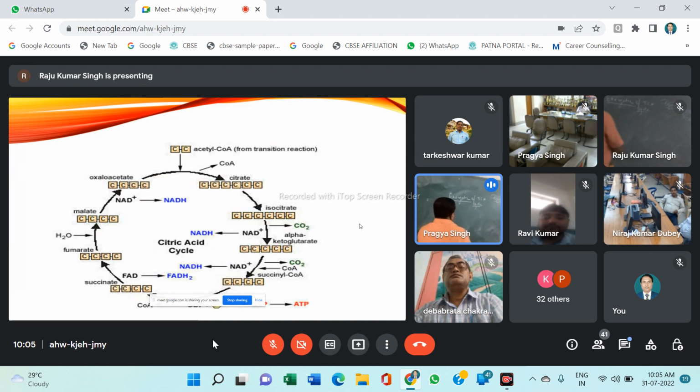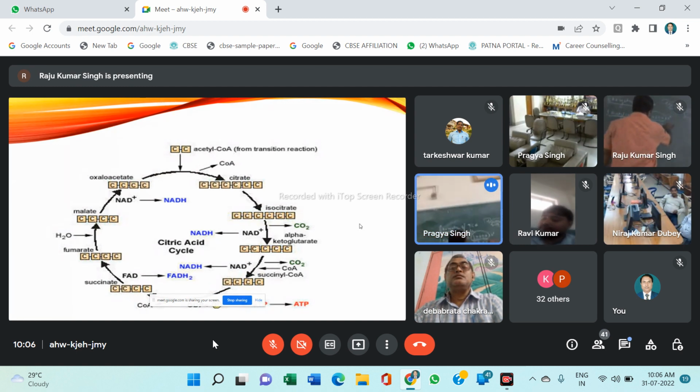When one acetyl CoA enters the Krebs cycle, ultimately one cycle forms 3 NADH. I have mentioned the steps where they take place. Similarly, there is formation of 1 FADH2.